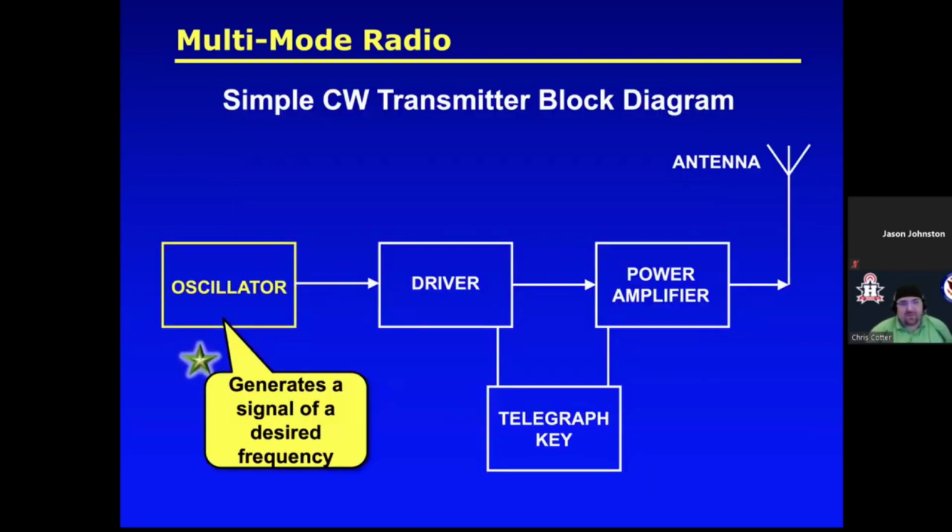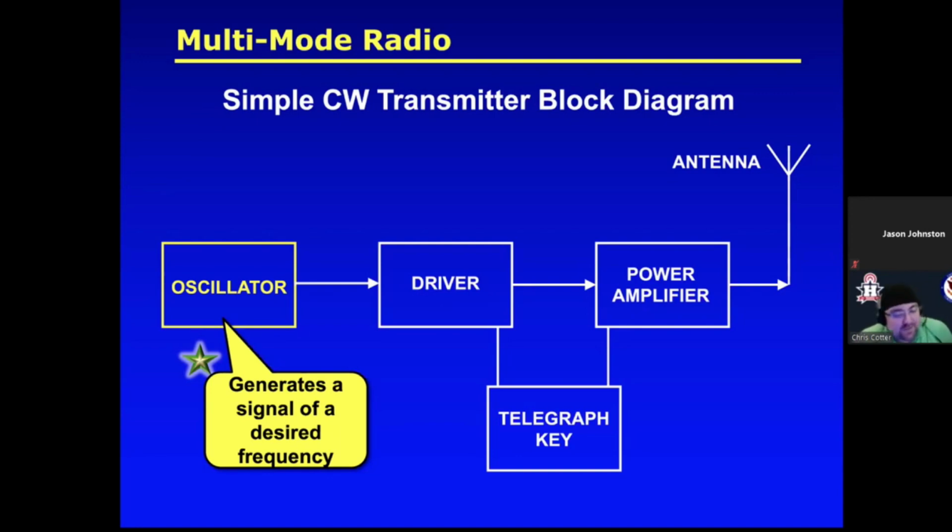This is going to be a block form right here. So this is going to be a CW transmitter block diagram. Your oscillator is going to be the part of the radio that actually generates your radio frequency signal. It generates that oscillating sine wave, radio wave. That's what actually does it.